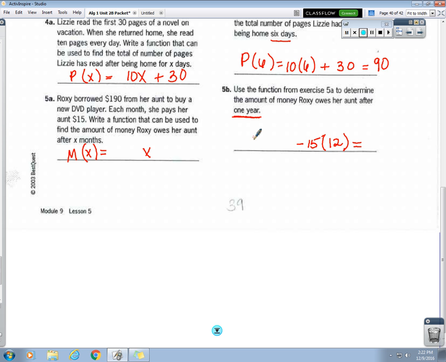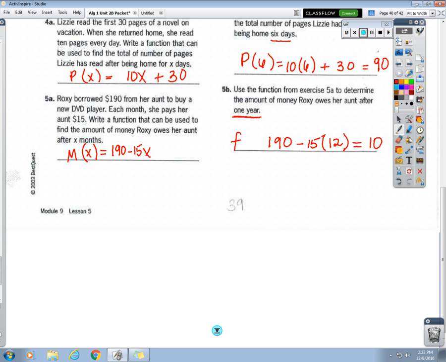Subtract it from 190, right? And how much does she owe? $10. So didn't we start with 190, what she borrowed, and then each month we're subtracting $15 a month? So M this time. M of 12, because we had to convert 1 year to 12 months, equals that. Does that make sense? Are these starting to get a little easier?